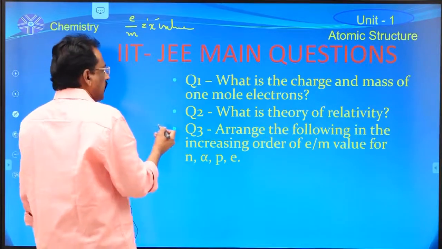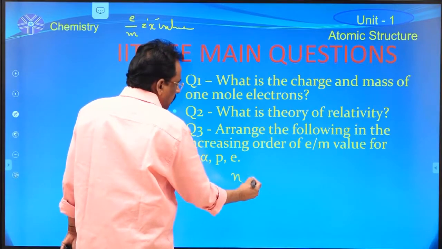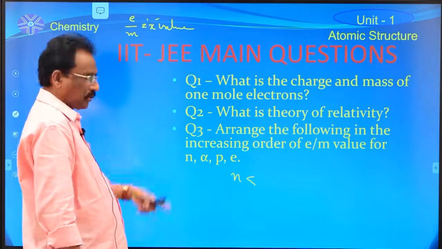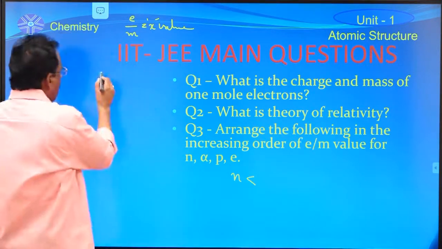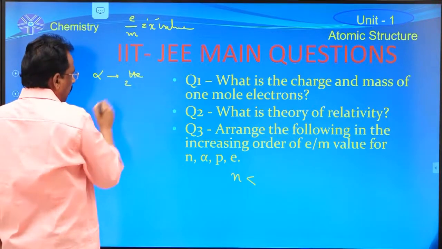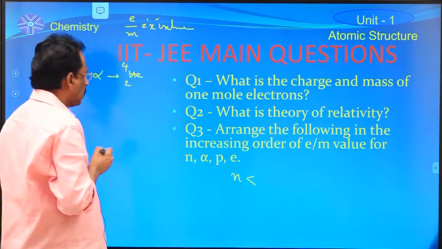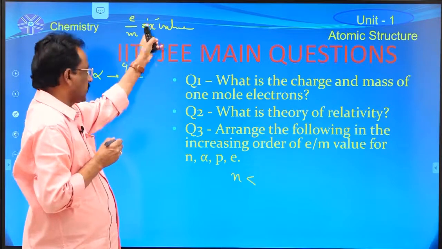That's why for this neutron the specific charge is 0. 0 by anything is equal to 0. Among these three particles, alpha particle is nothing but helium particle. For helium, atomic number is 2 and mass number is 4. So mass is more, that's why e by m value is less.